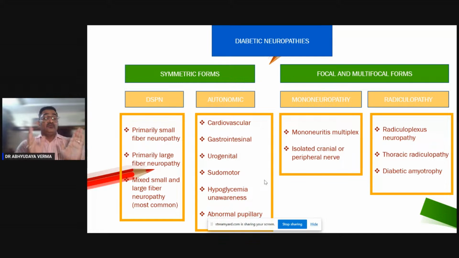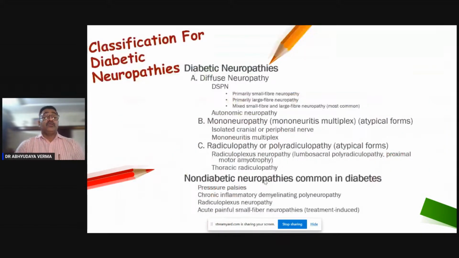So you can see here both the symmetric and the focal and multifocal forms. The sensory peripheral nervous system is involved, autonomic is involved, we have mononeuropathies, and we have radiculopathies also associated in this. So this is the classification of diabetic neuropathy, where we have diffuse neuropathy, mononeuropathy, and radiculopathy.